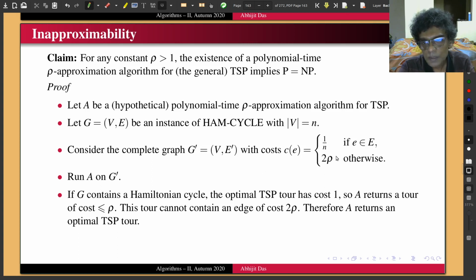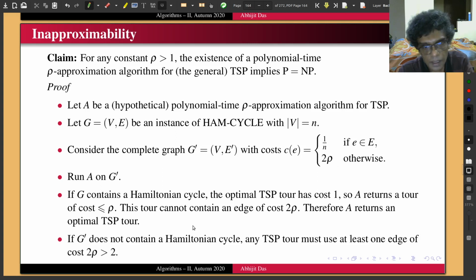Now the optimization problem is actually to reduce the number of edges with this cost, but at least one such edge must be included, because G does not contain a Hamiltonian cycle. Okay. Then any TSP tour must use at least one edge of cost 2 rho greater than 2, and therefore the optimal tour will have cost at least 2.